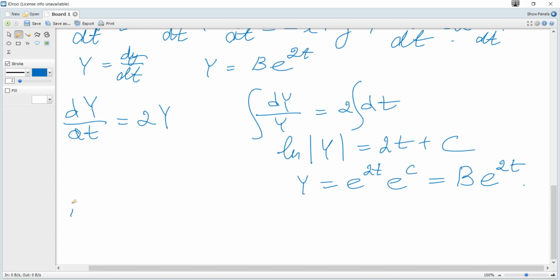Next, 2 marks. Hence find y as a function of t.